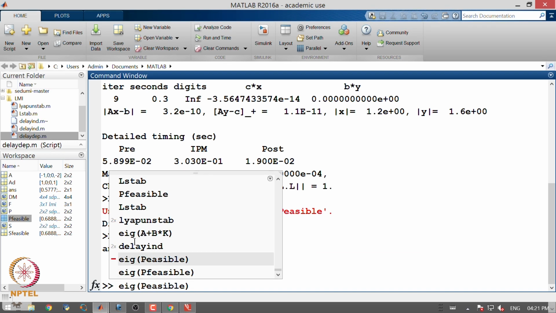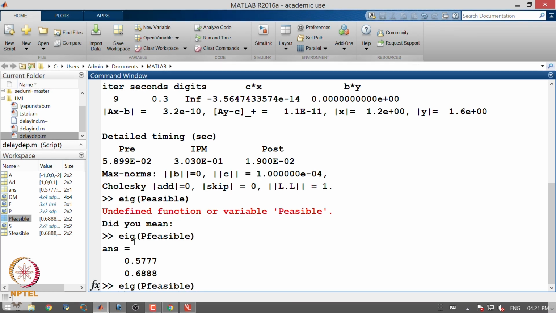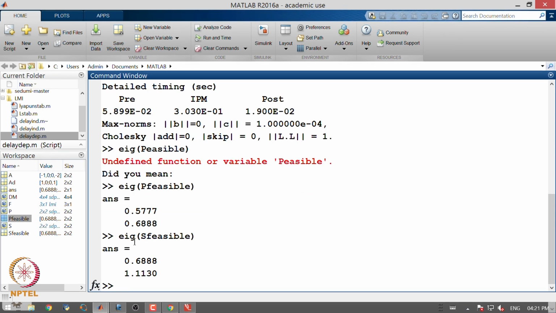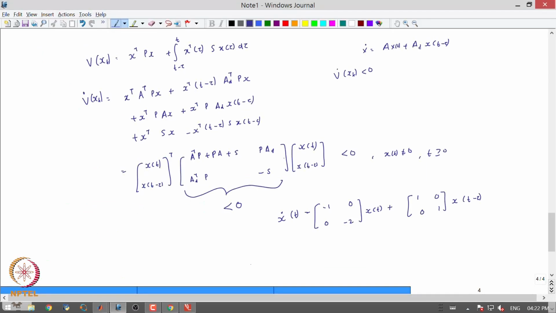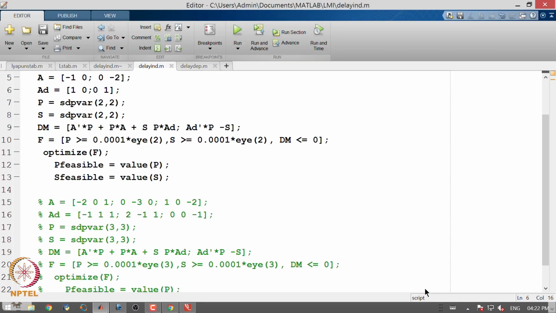Similarly, I can also check for the S feasible. So this means that the system governed by this dynamics with this particular A and AD is stable independent of delays.